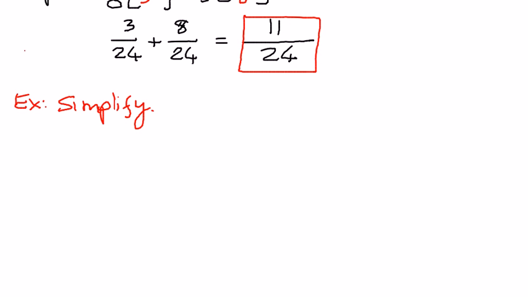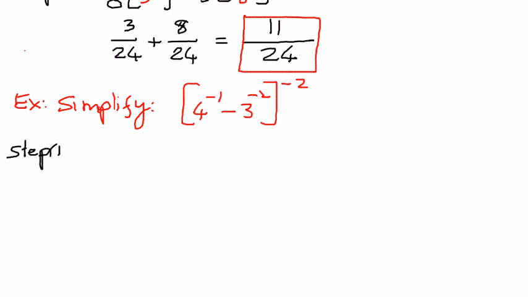Simplify 4 to the power of negative 1 minus 3 to the power of negative 2. This whole thing is raised to the power of negative 2. Okay, so we will use the laws of exponents, and we'll also use some of the things which we know from simplifying fractions, and then be able to solve this problem.